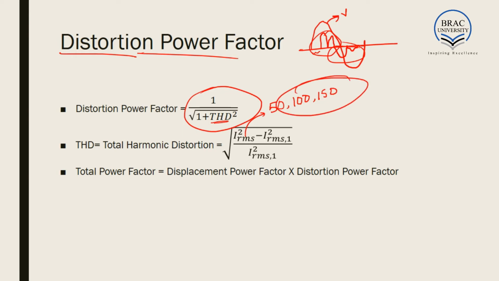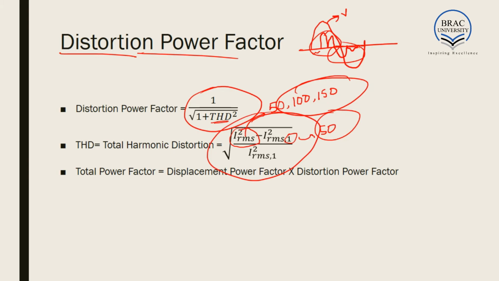The sum of all those squared is IRMS square minus IRMS1 square. 1 is only the principal frequency or the first harmonic. So if we subtract the squared current at the principal frequency from the total squared sum of the currents at different frequencies, and divide it by that of the principal frequency, the measure that we get is total harmonic distortion.